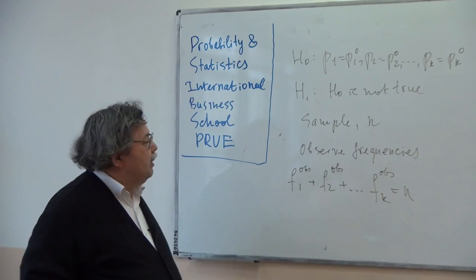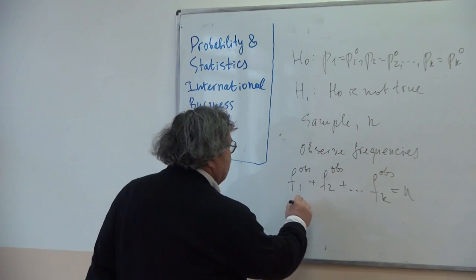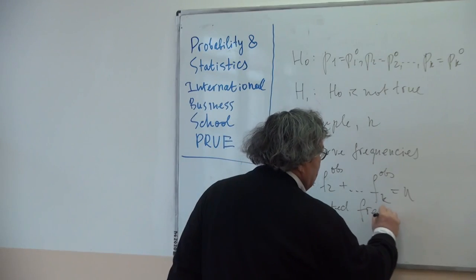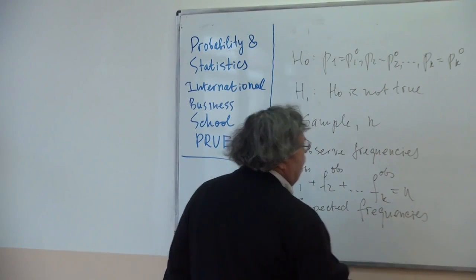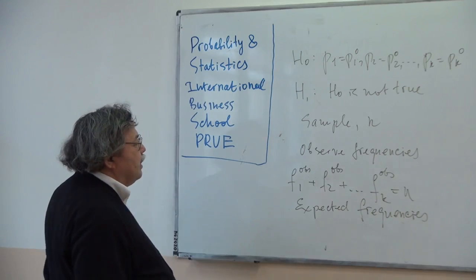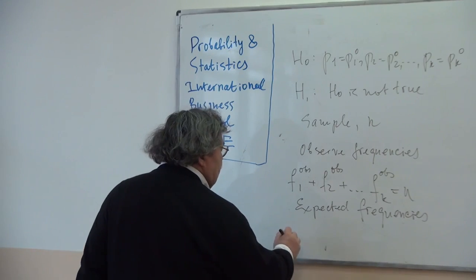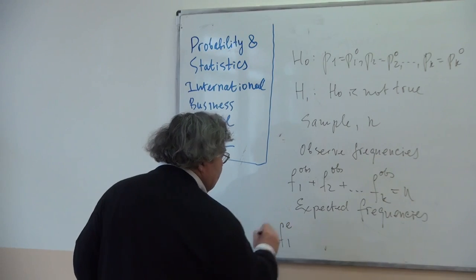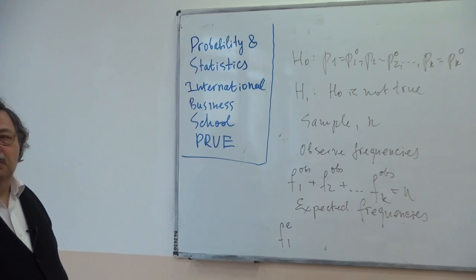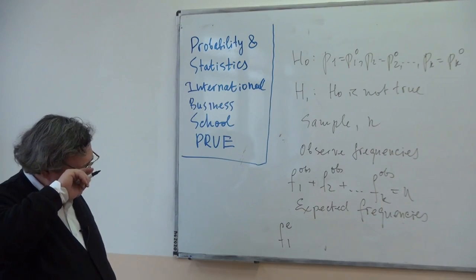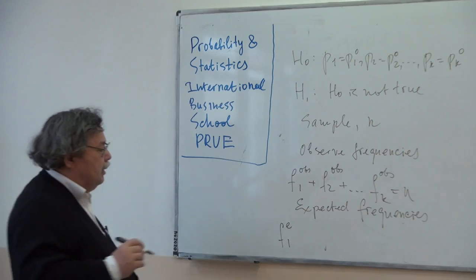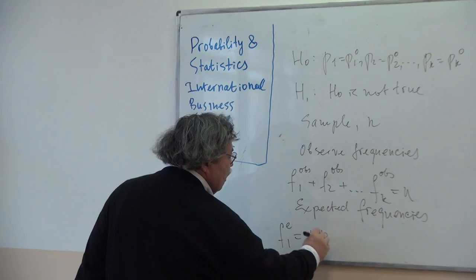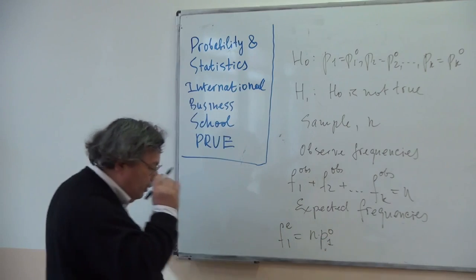All right, but apart from these, we compute so-called expected frequencies. And the expected frequencies are these. We have a notation for it, F1, and let's use this superscript E to indicate that we are talking about an expected frequency, and it's n multiplied by P10.